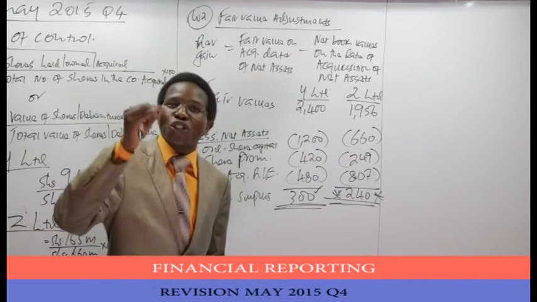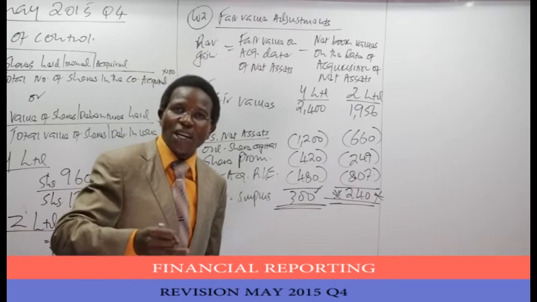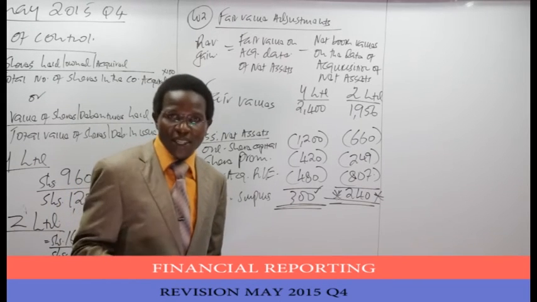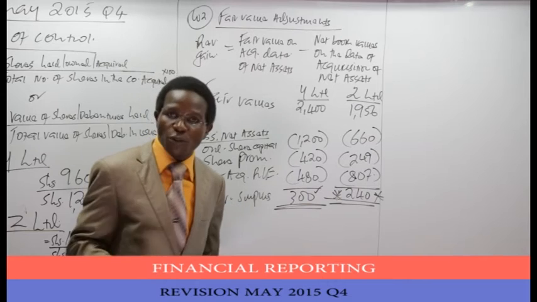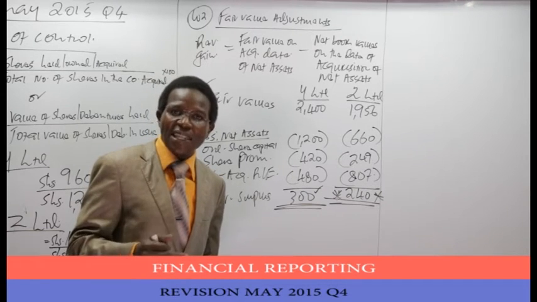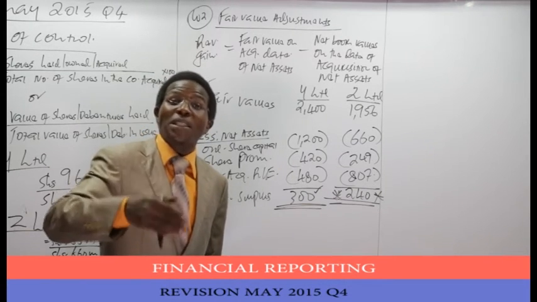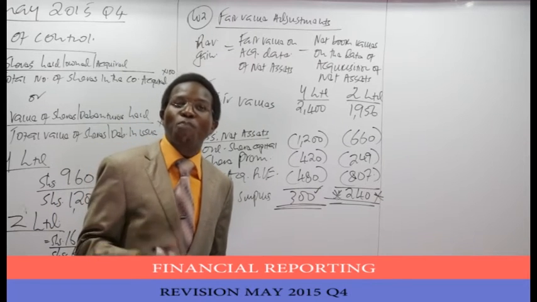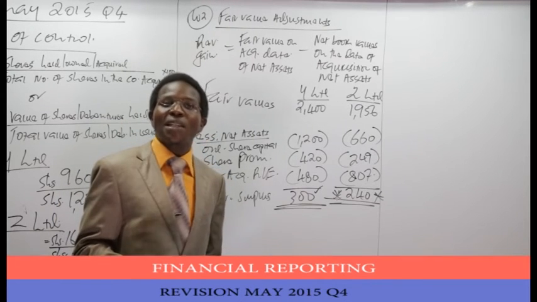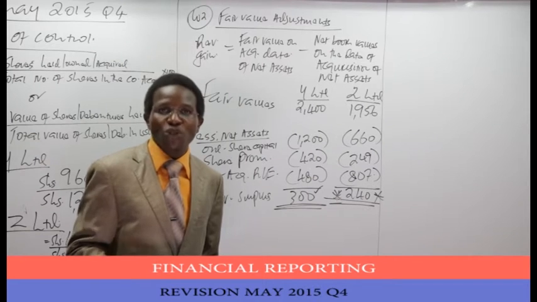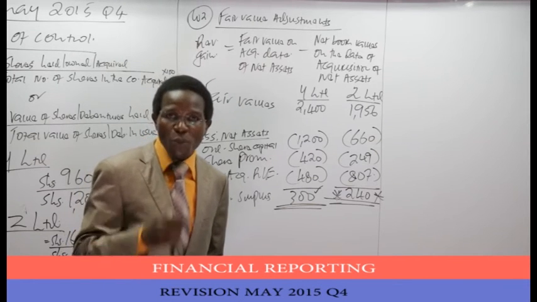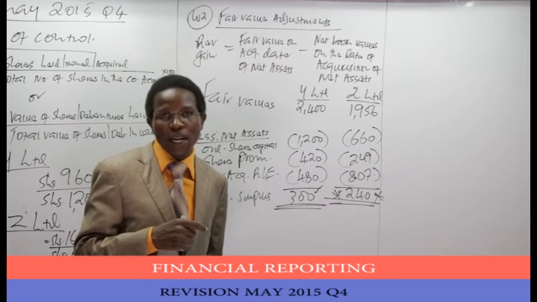Secondly, the group share of the post-acquisition retained earnings brought down, reported in our group statement of changes in equity. Thirdly, the investment in an associate, reported as a non-current asset in the statement of financial position.